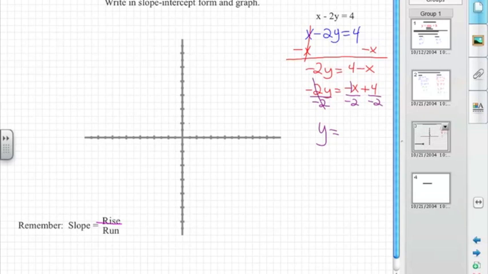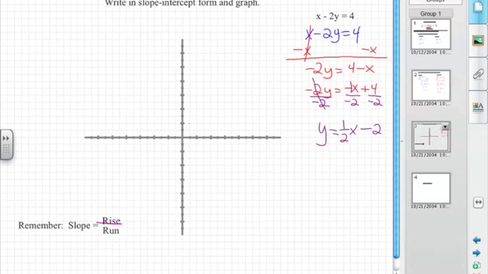I'll try to cheat that 1 in there. So now I have negative 1 divided by negative 2. We'll leave it as a fraction, negative 1 divided by negative 2. We can simplify that to 1/2. And the x will stay off to the side. And then we have 4 divided by negative 2, the other item on the right-hand side. And 4 divided by negative 2 is negative 2. We can write that as minus 2.